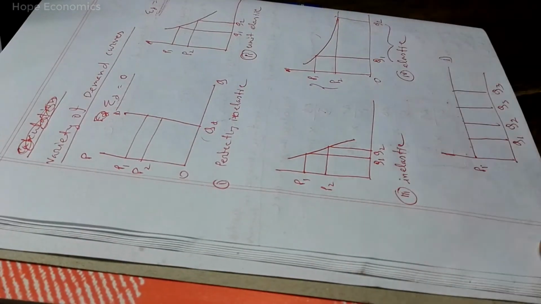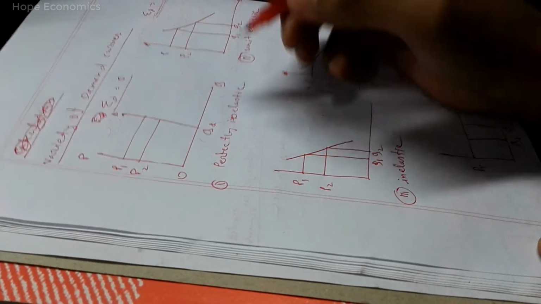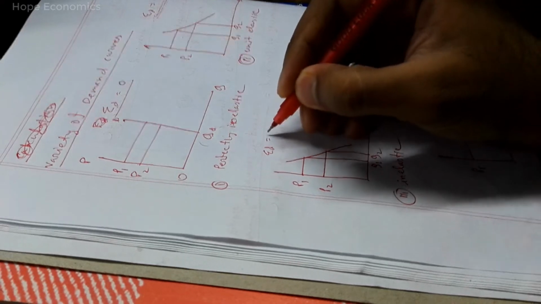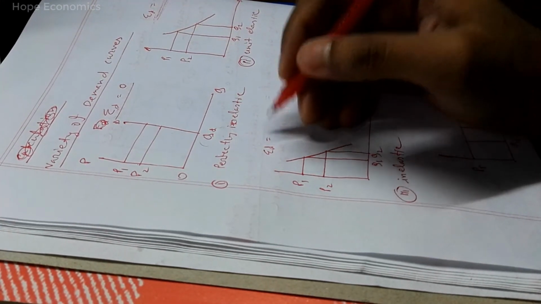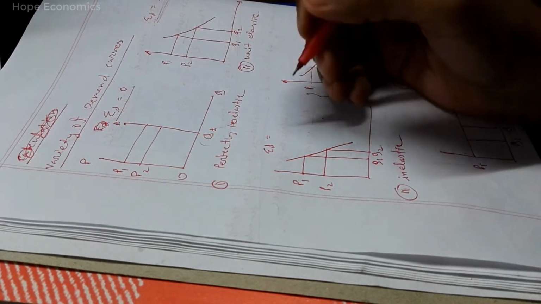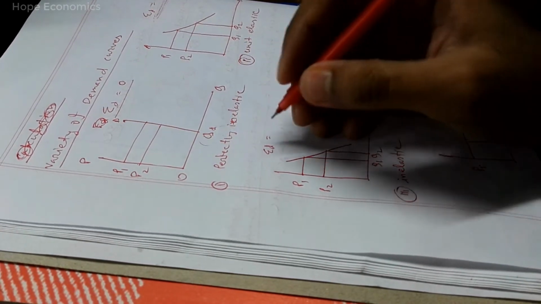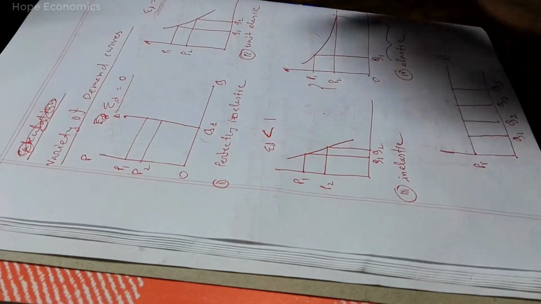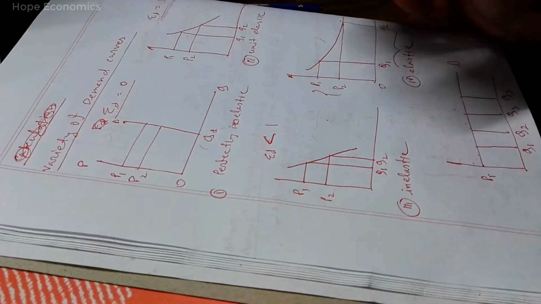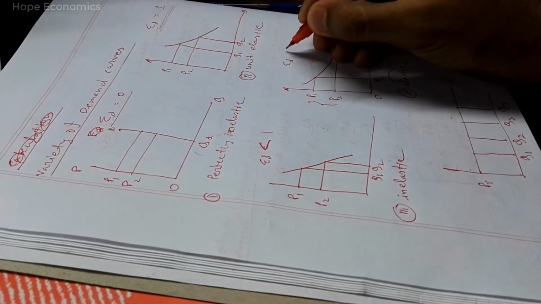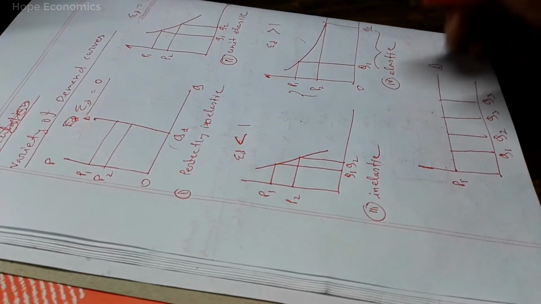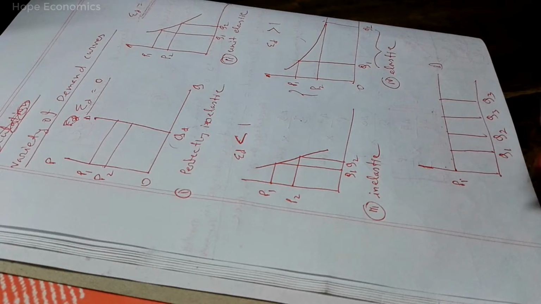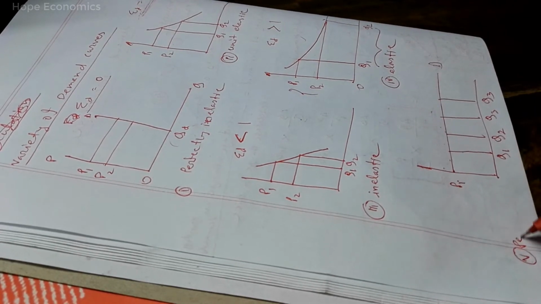In case of inelastic, the value of elasticity of demand is less than 1. In case of elastic, the value of elasticity of demand is greater than 1. And in case of the fifth one, perfectly elastic.